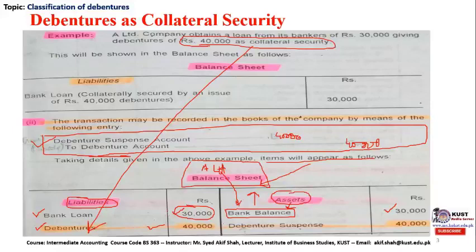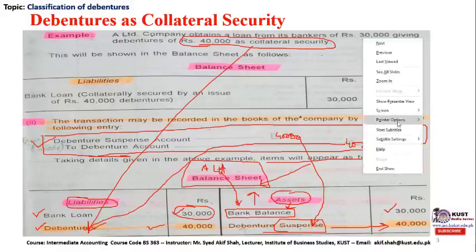And similarly, we have plugged the values of the above entry into the balance sheet on the credit side, and the debenture suspense account, which is an asset of the company, should be recorded on the asset side, which is 40,000. And as this account is in suspense, either the company is going to lose this amount or will write it off by itself if they fulfill their loan obligation in due course of time.